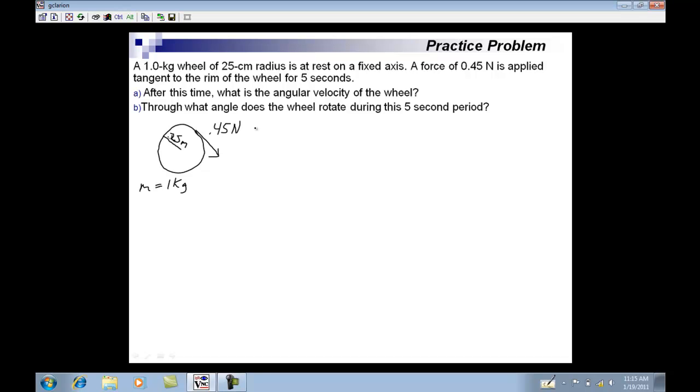Essentially we can go to our torque equation. We're experiencing one torque here, and our equation is the moment of inertia times the angular acceleration. Also the torque is equal to the force times the lever arm.